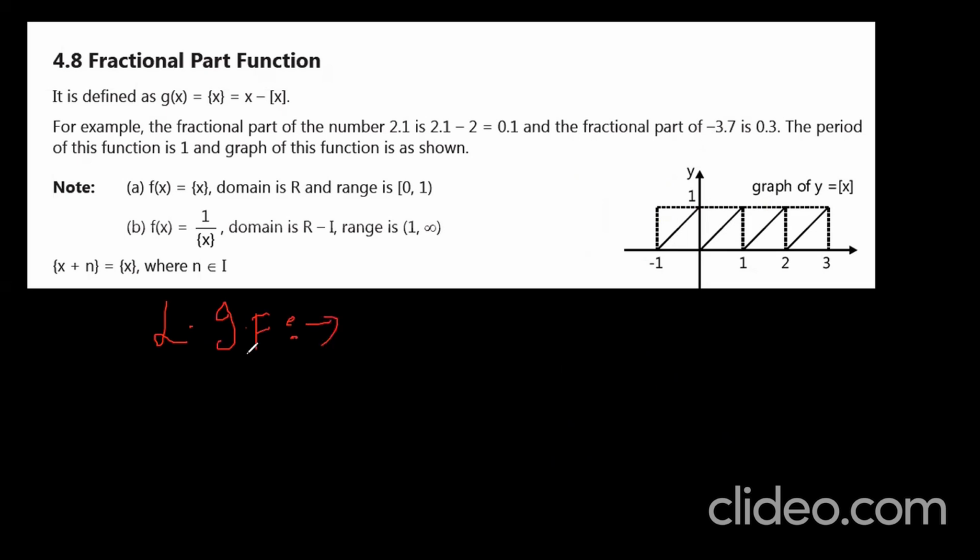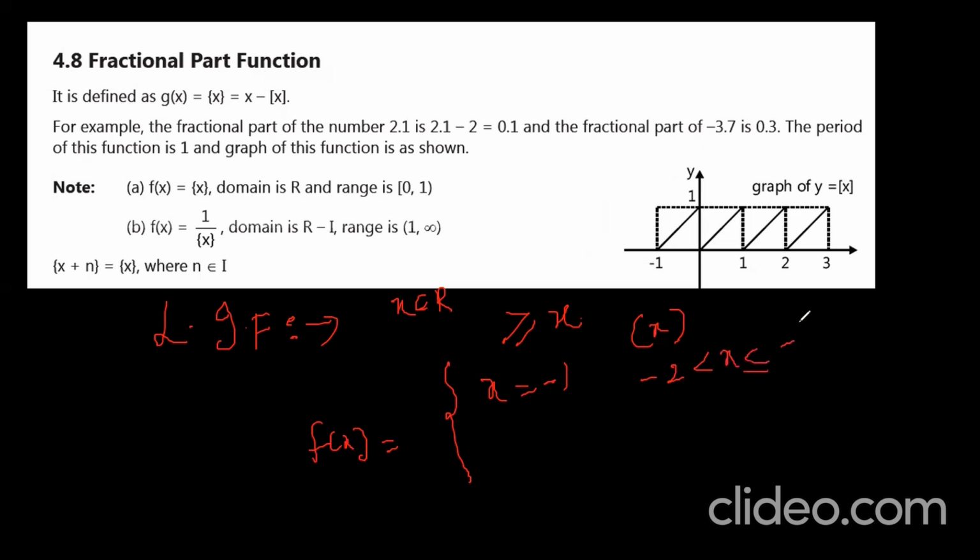If you define this, I can say the least integer function, where x belongs to R, is the least integer greater than or equal to x, and it is denoted like this. Let me take f of x equal to minus 1 when minus 2 less than x less than or equal to minus 1.